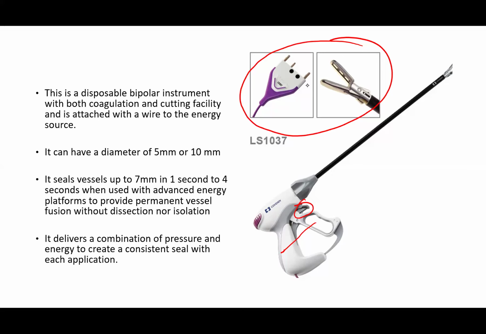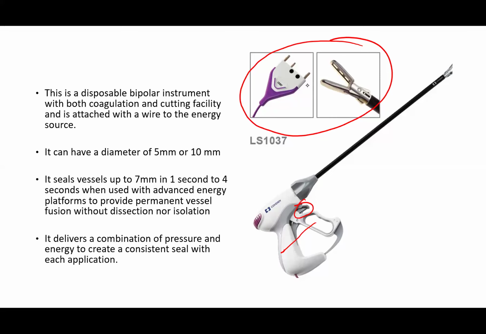This device is very, very beautiful. It's very interesting. When you use it, you will see how it works. And of course, all these devices make your surgery very fast and safe. Okay, very fast and safe.